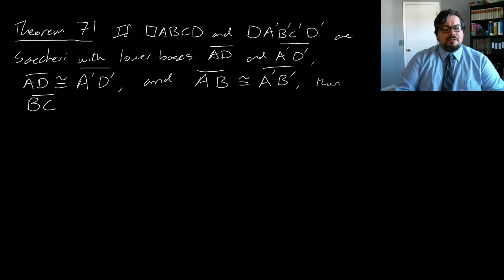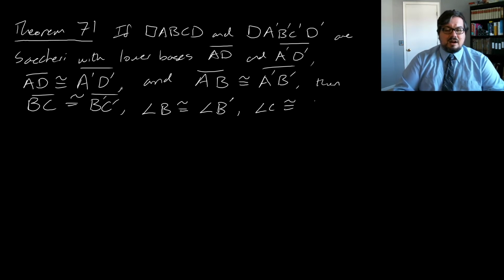So if all those things are true, then we can conclude that BC is congruent to B prime, C prime. The angle at B is congruent to the angle at B prime, and the angle at C is congruent to the angle at C prime.